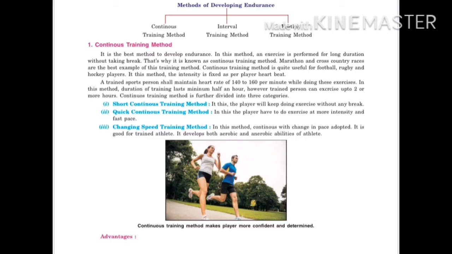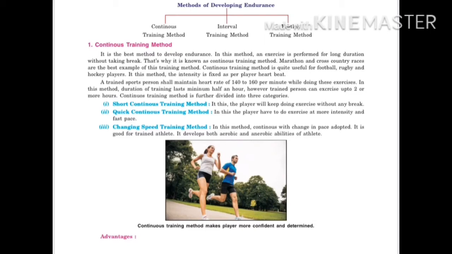That is short continuous training method, or we can say slow pace continuous method. Second is quick continuous training method or fast pace continuous method. And third one is changing speed training method or variable pace continuous method or alternative pace method.